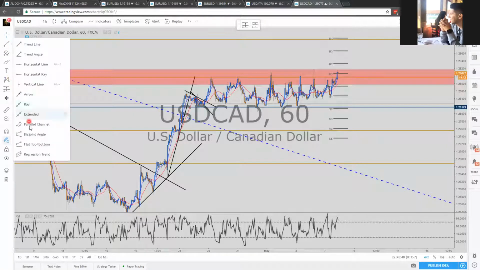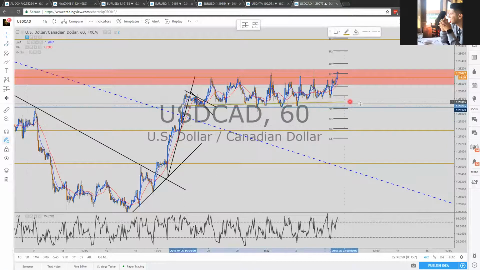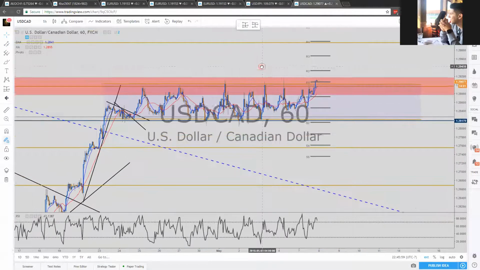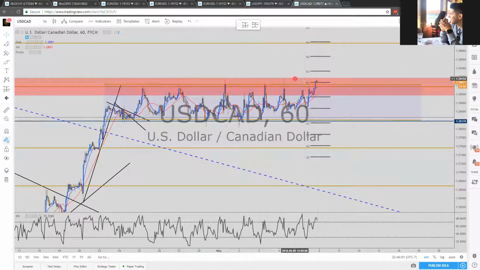We can see there's a sideways channel. If I do my channel like this, there's a sideways channel happening. Now, it's looking like it's breaking through. We can see that there's a long candlestick and it's not a wick. These wicks mean that buyers came in, sellers pushed the market down.